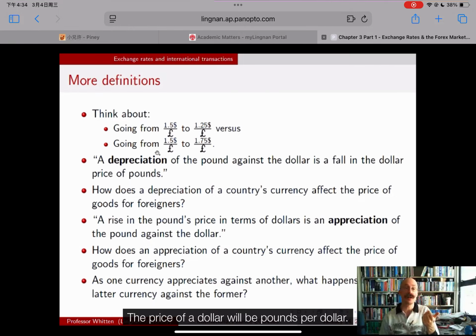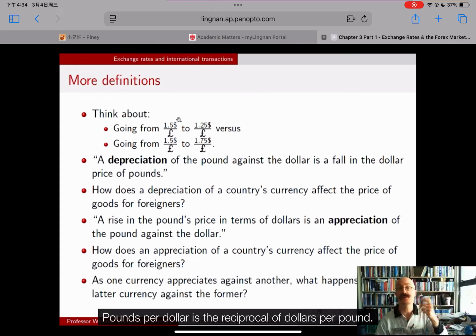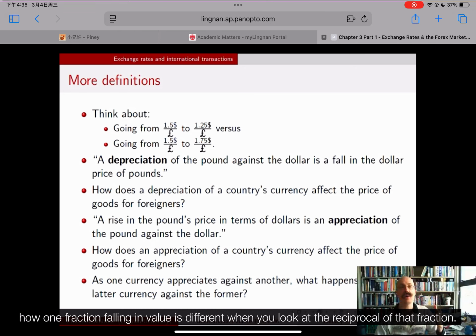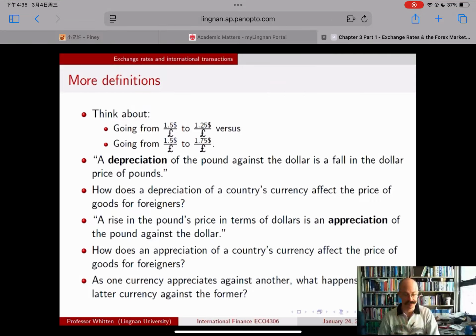The price of a dollar will be pounds per dollar. Pounds per dollar is the reciprocal of dollars per pound. And I think you can understand, again, from your elementary school, from your primary school, how one fraction falling in value is different when you look at the reciprocal of that fraction.